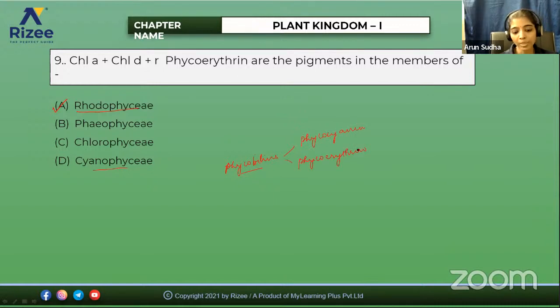There is a special type of cyanobacteria called Trichodesmium, which is responsible for the red sea.